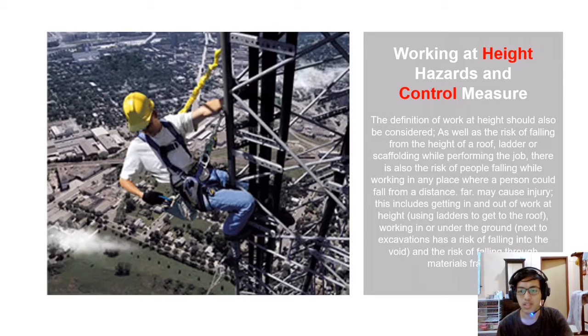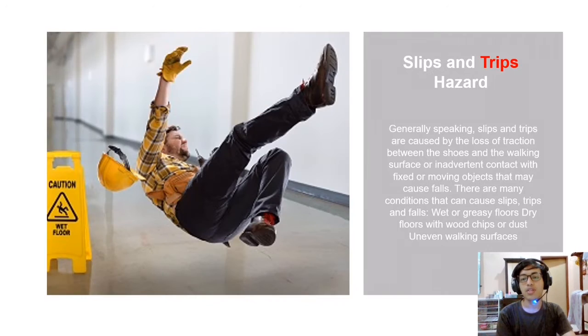This includes getting in and out of work at height, working in or under the ground, and the risk of falling through fragile materials. The final and most common hazard is slips and trips.